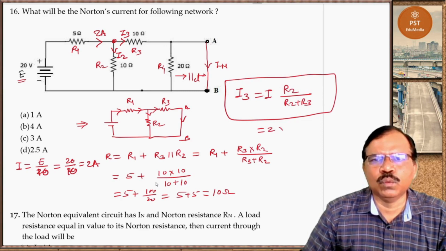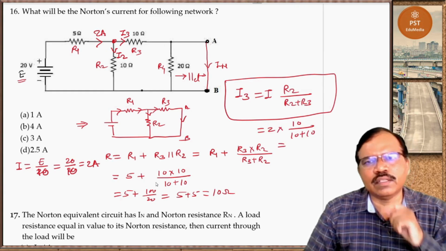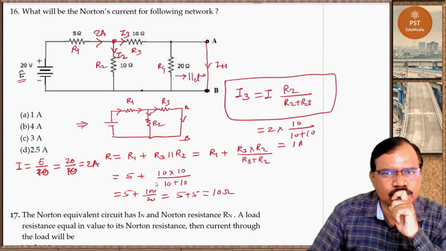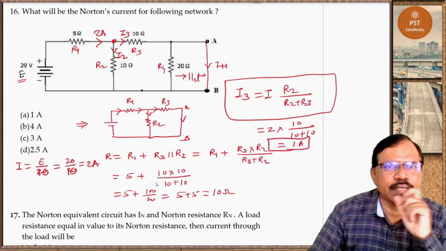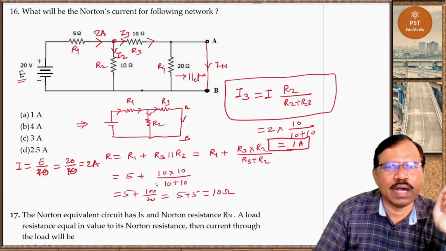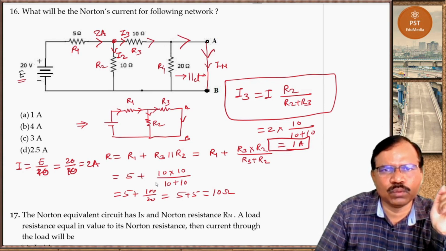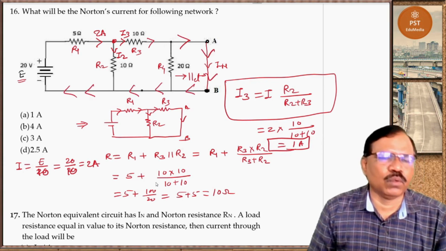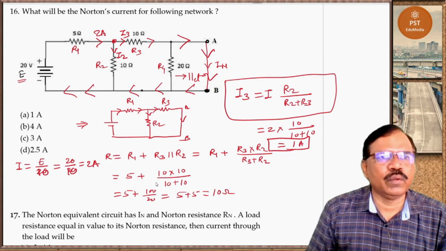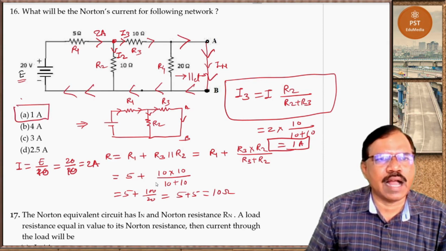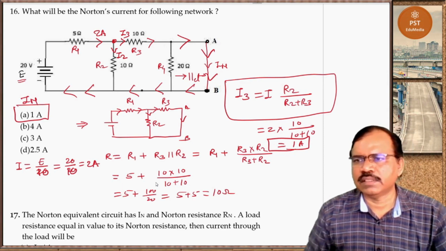So here 2 into 10 divided by 10 plus 10. We get 1 ampere. So 1 ampere will flow through R3 and that will flow through the short, because no current flows through R4. So you will get 1 ampere, that is IN.